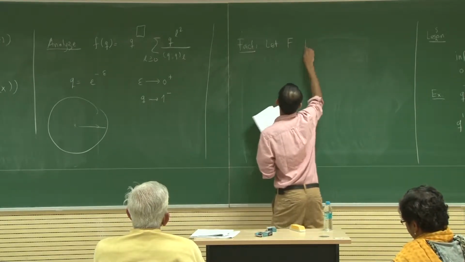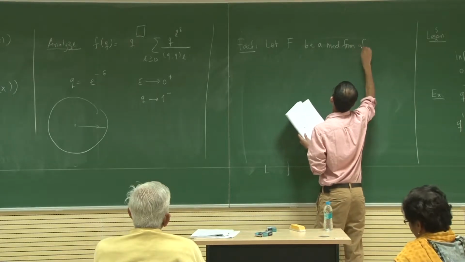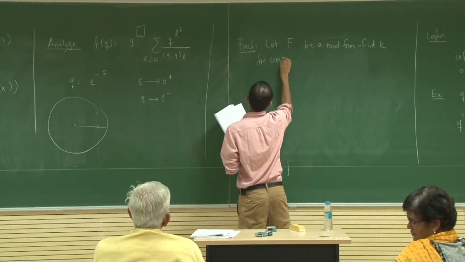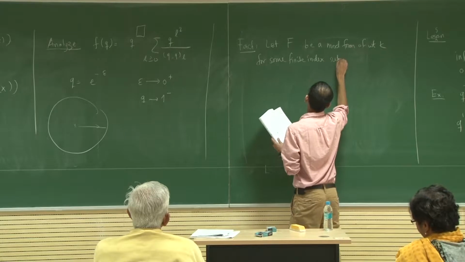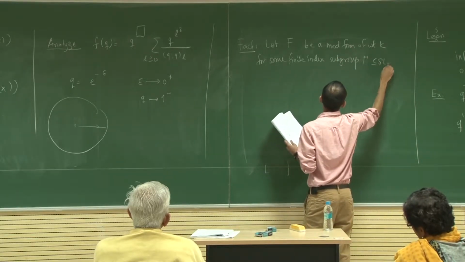Let capital F be a modular form of weight k for some finite index subgroup gamma of SL2Z.